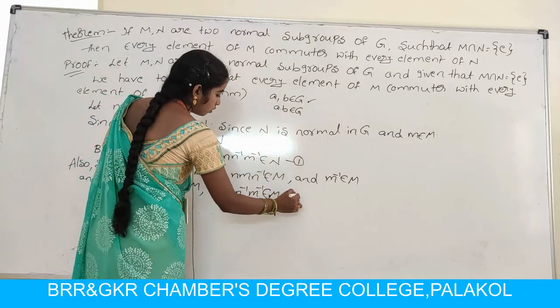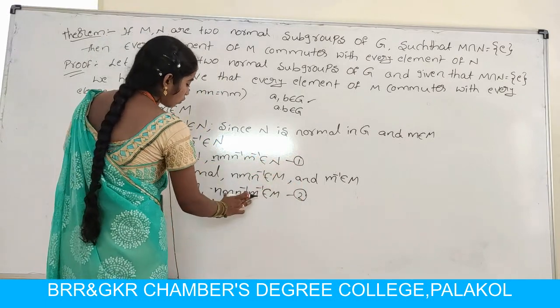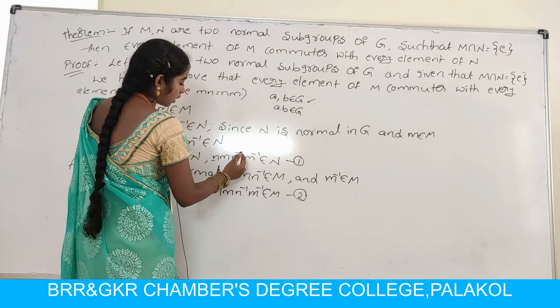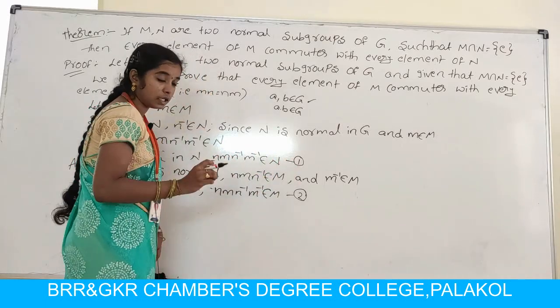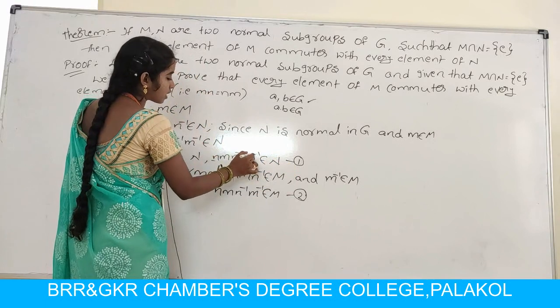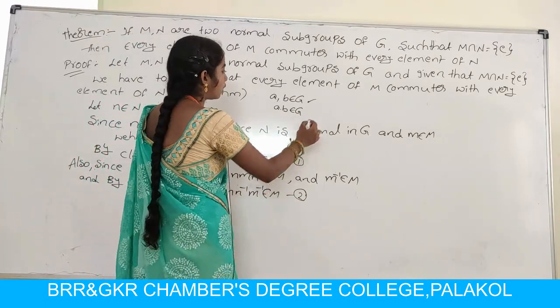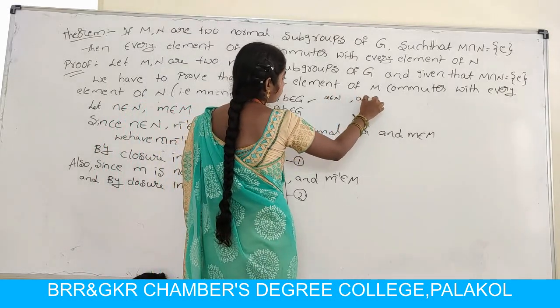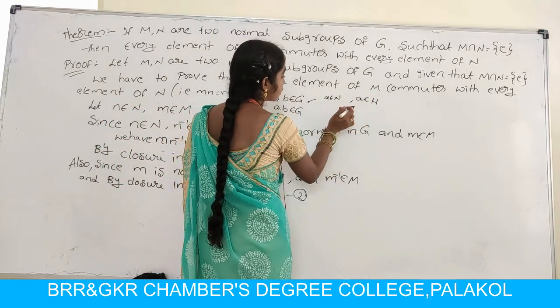For example, from 1 and 2, the common element of N and M is n inverse M inverse. Already you know that, for example, small a belongs to N, small a belongs to H, so the common element of N and H is a.